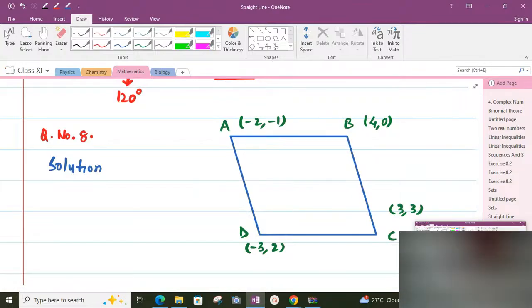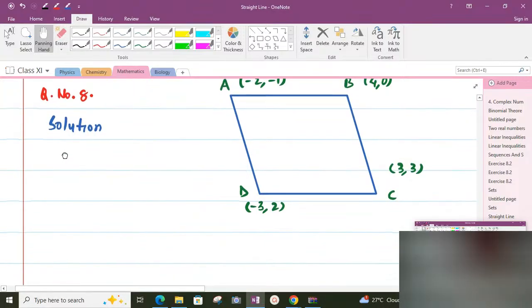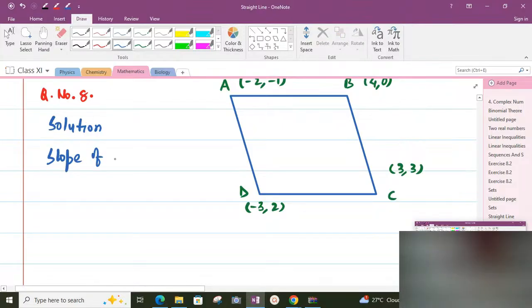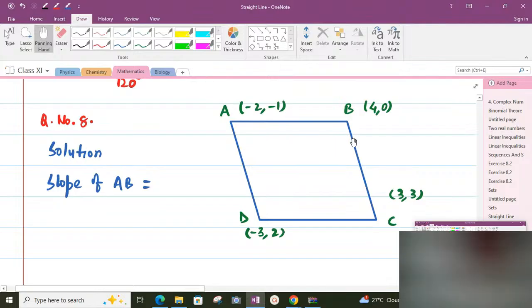Now we find out the slope of AB, slope of AD, slope of BC, and slope of CD. So we write down here slope of AB. We have 2 points A and B. When 2 points of a line are given, then we have no problem to find the slope.